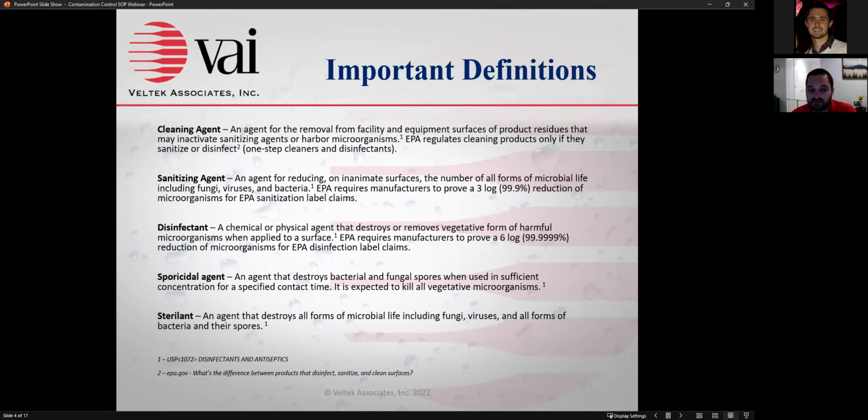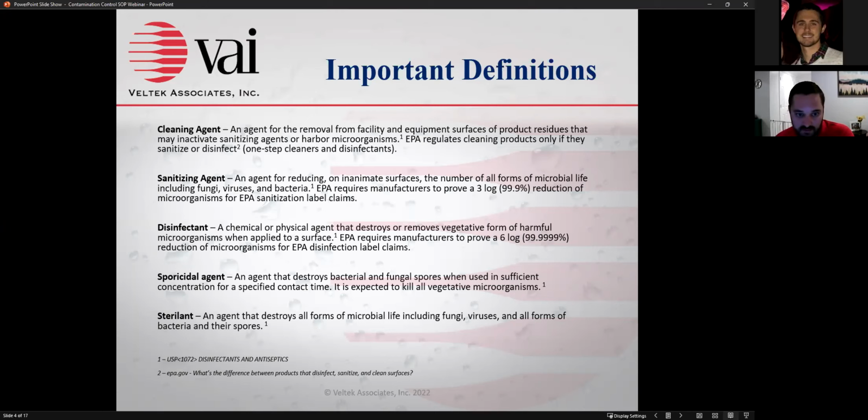But to get this claim and put it on a bottle label, the EPA requires the manufacturers to prove at least a 3-log reduction of microorganisms, or CFUs, colony forming units, through standardized testing that's submitted to them that they approve. And that's a 99.9% reduction. So 999 out of 1,000 CFUs are killed in that test, and you have to prove that with that data to the EPA.